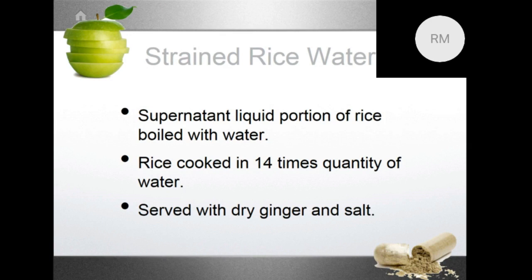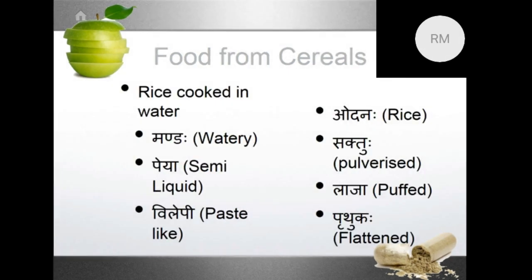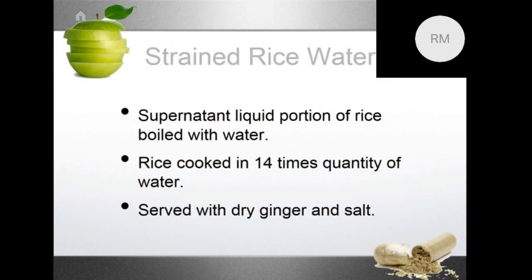So now I'm talking about different types of cooking rice. One of the methods to eat rice in Ayurveda is strained rice water, which means that rice is boiled with water.